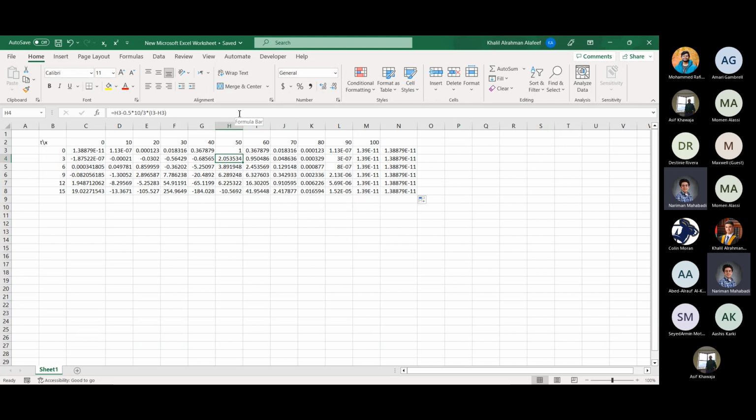You use H3, okay, good. So using the previous point, then minus 0.5, which is velocity, times 10, which is delta x, divided by 3, which is delta t, times I3 minus H3. And this is correct, but let's see.